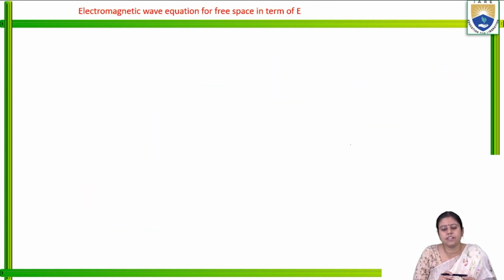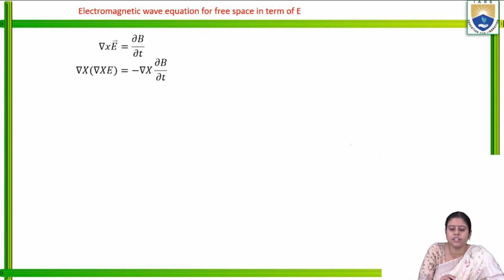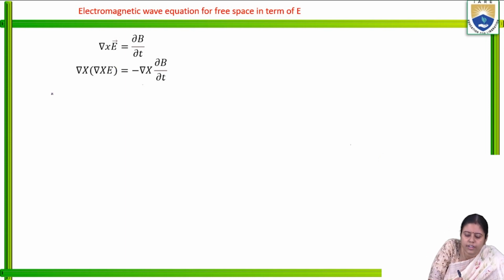Next, we have already discussed the electromagnetic wave equation in free space. So how to get the electromagnetic wave equation in free space? We can write grad cross E is equal to minus del B by del T. We can also take the grad on both sides, and we get grad cross grad cross E is equal to minus grad cross del B by del T. Again, A cross B cross C, so what can we write?